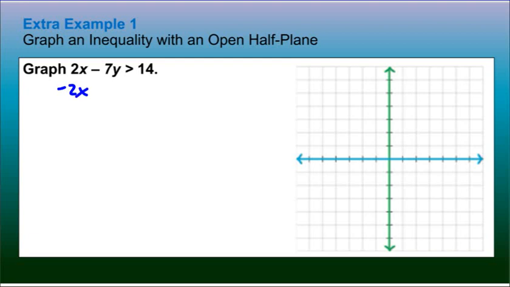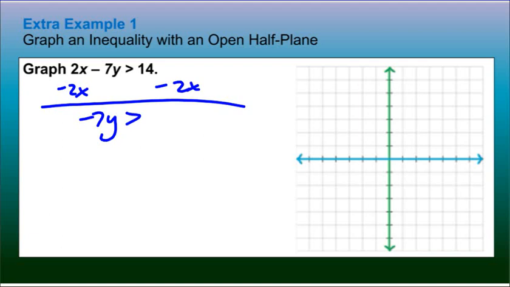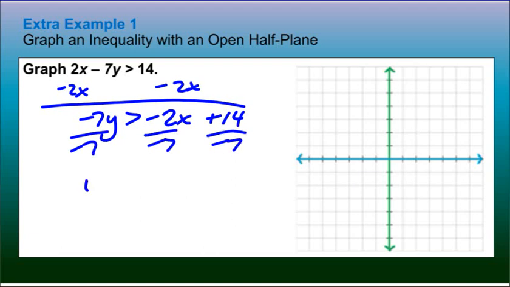So I'm going to subtract 2x, and now I'm left with negative 7y is greater than negative 2x plus 14. Divide everything by negative 7. Since I divide by a negative number, I flip the symbol. This would be y is less than 2/7 x minus 2.